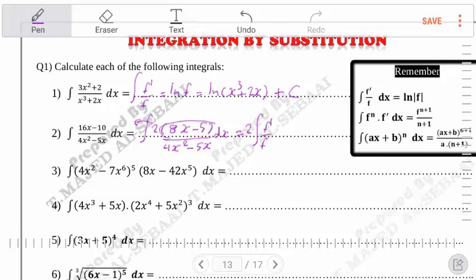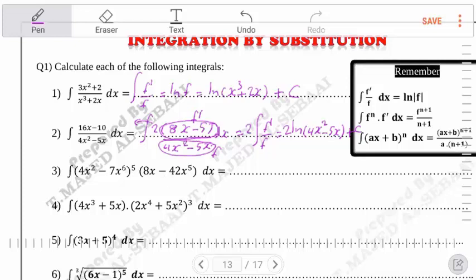Because now this is f dash and this is f. Right? So the answer is going to be 2 ln f. What is f? It is 4x squared minus 5x plus c. You got that? Yes. Okay.